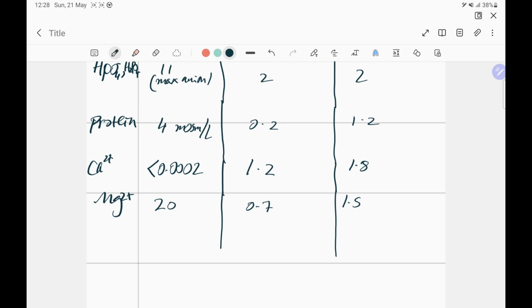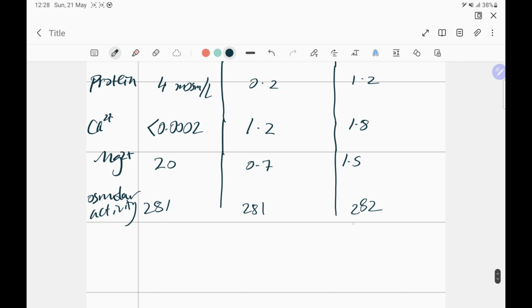Then if we look at the osmolar activity, the number of osmoles is around 281. That's also 281 over here in the interstitial fluid and 282 in the plasma.